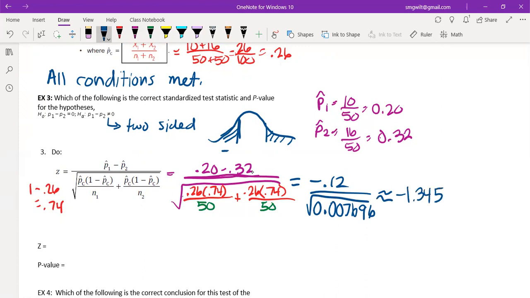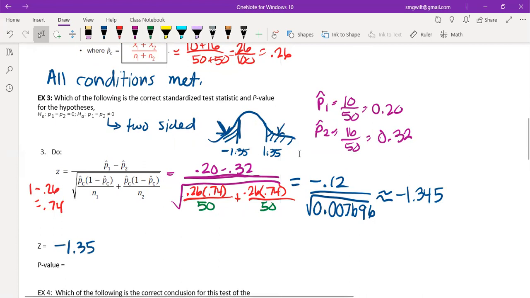So I'm going to say that my Z value, my test statistic, is negative 1.35. What this means is that these two values are negative 1.35 and positive 1.35. I always want to look up the negative one on the Z table because it's shaded in the right direction.